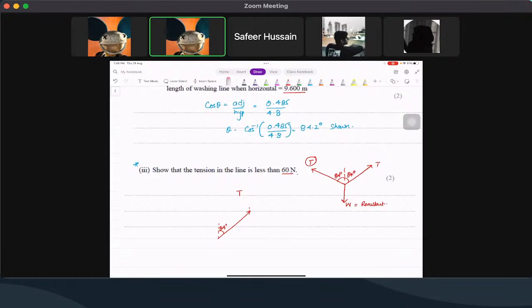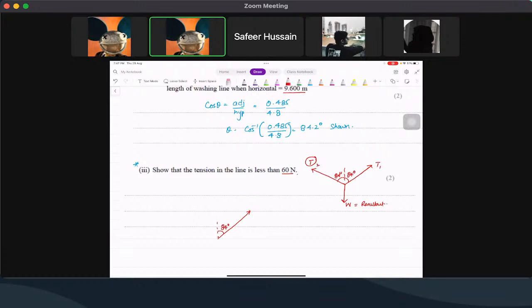Because you need to understand, Ariba, that in the vector triangle method, we need to follow the head-to-tail rule, which means if this is my first vector and this is the second vector, I need to connect the tail of the second vector with the head of the first one.